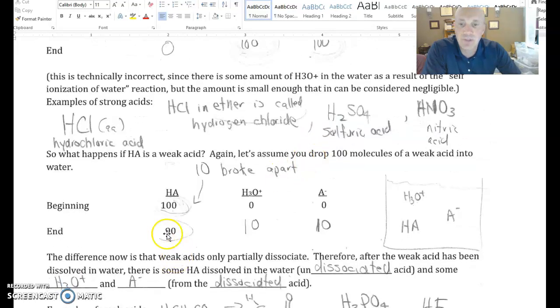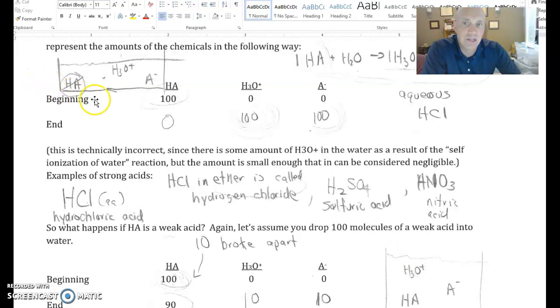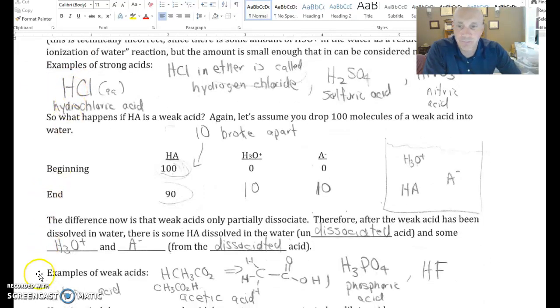If that happens, what you have swimming around in the water is some H3O+ from the reaction that does occur, some A-, but you also have significant amounts of HA, the undissociated acid. That's what makes it a weak acid versus a strong acid, because in the strong acid, essentially you don't have any of the HA because all of the HA is broken apart.